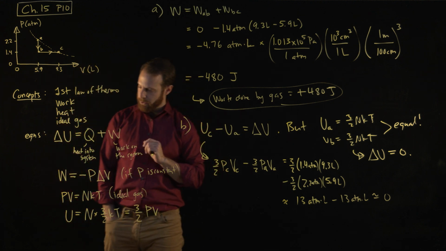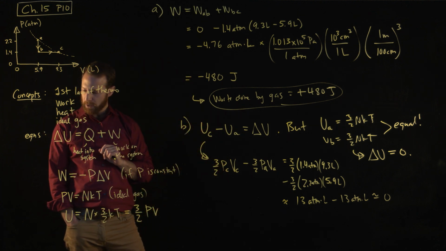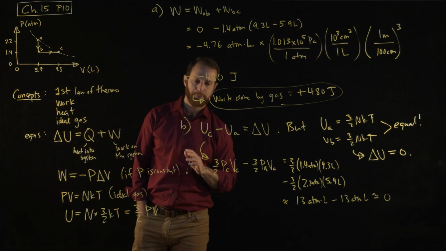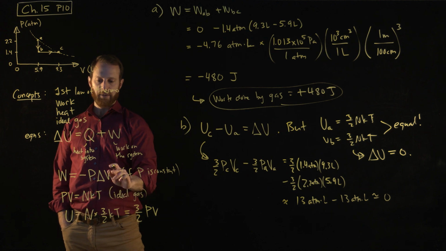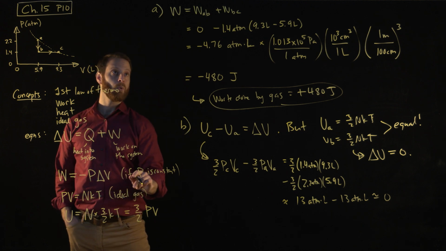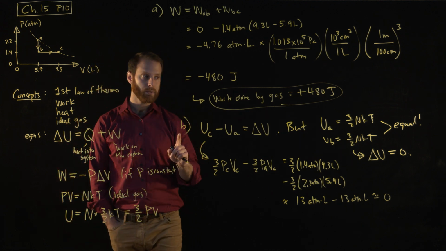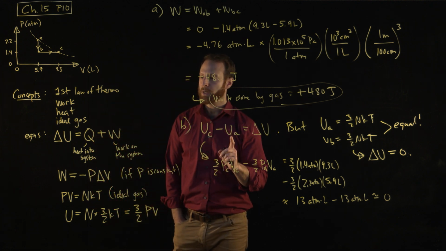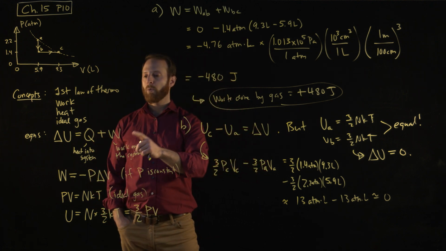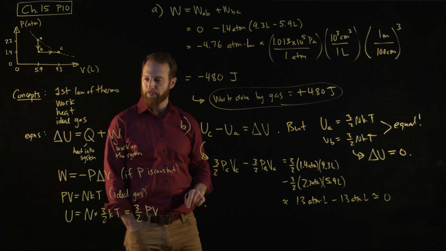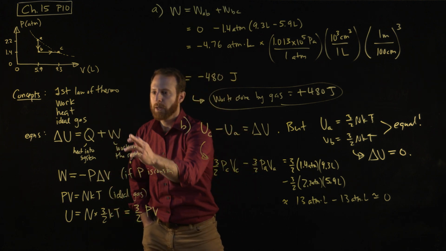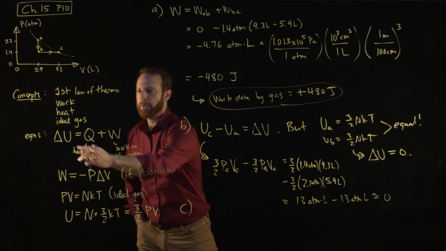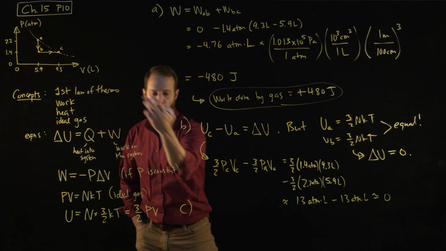Finally, part C, which is the question of what is the total heat flow into or out of the gas. This is where we're going to combine many of the things that we've already used. We figured out what the total work was, we figured out what the total change in energy is, and therefore what remains is figuring out the heat. So using the first law of thermodynamics, we can write the total change in energy for the whole process.